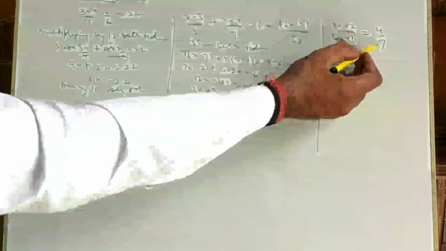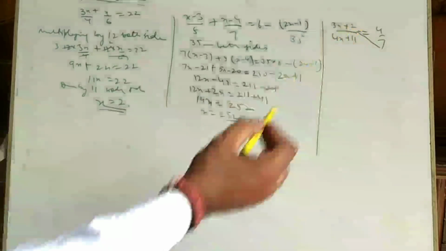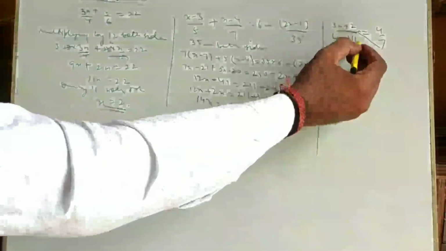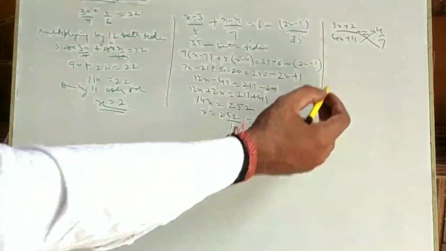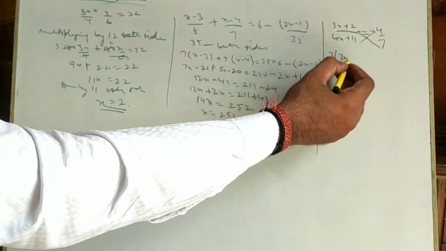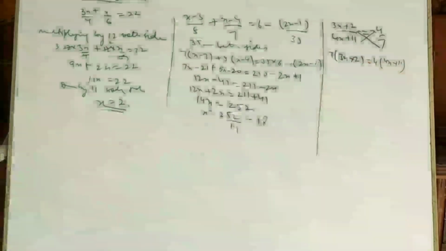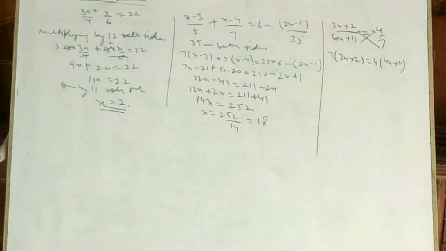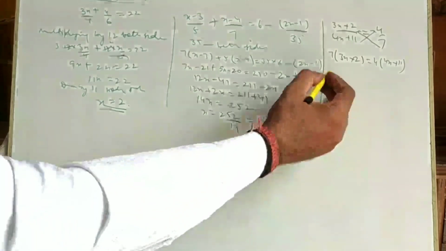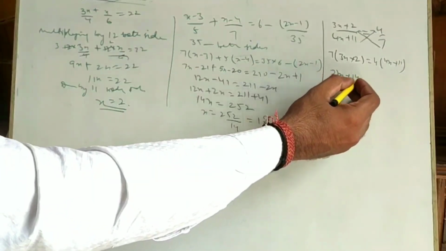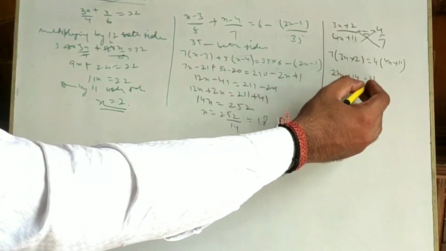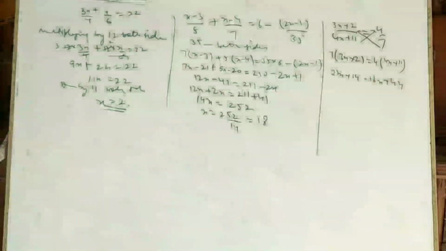In cross multiplication, this denominator will be multiplied by the numerator of this, and this denominator will be multiplied by the numerator of the other side. So it means we will have 7 into (3x + 2) is equal to 4 into (4x + 11). So what we have is 21x + 14 is equal to 16x + 44.